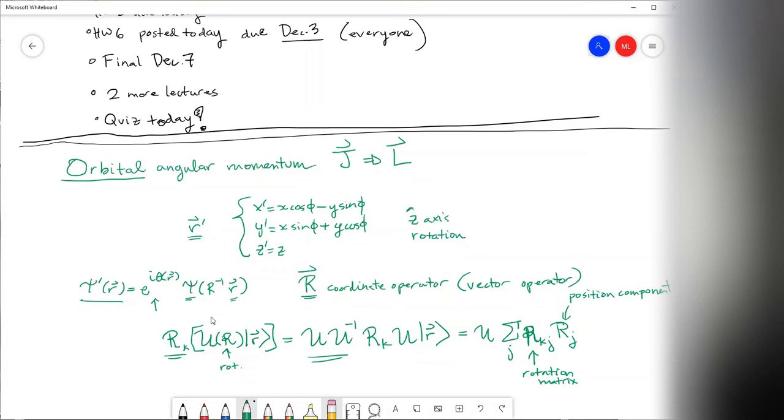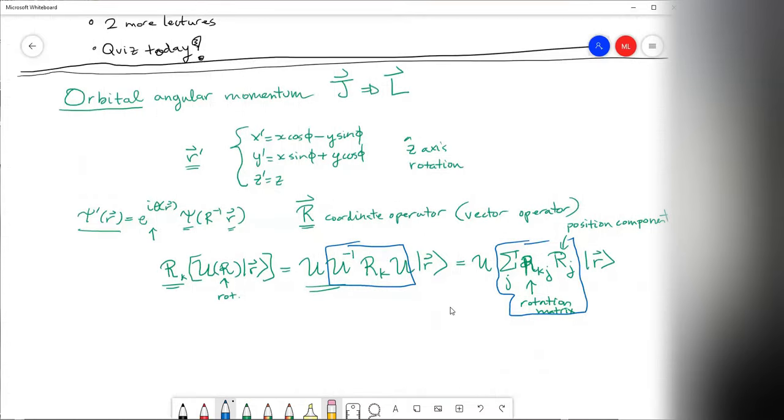All right, and this is all acting on the ket r. So we're just replacing this operator with this, because that's the definition of how a vector operator works. A vector operator is defined as something where you take U dagger, the vector operator component, U, and you get back out the rotated components.